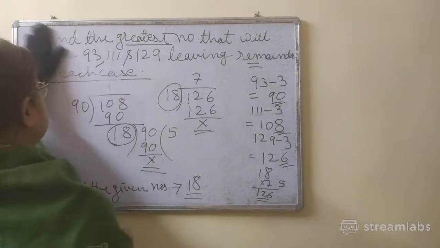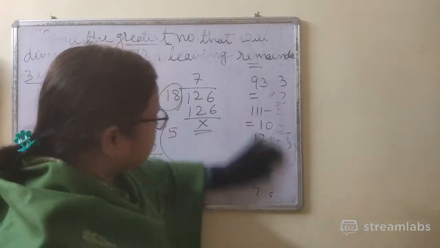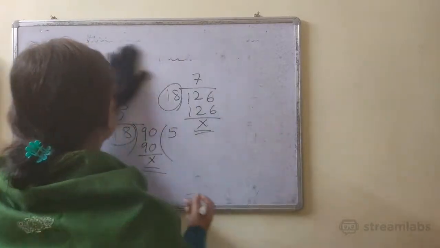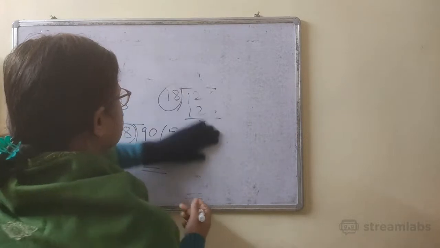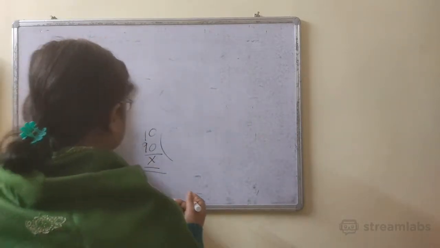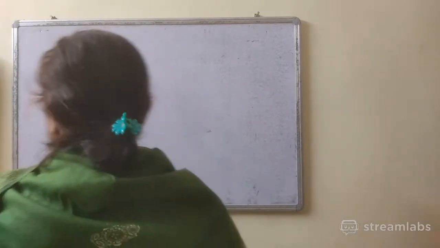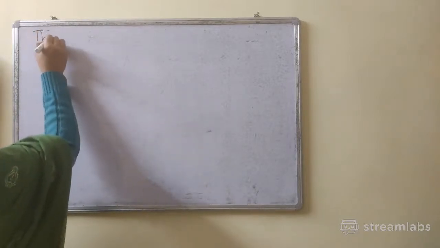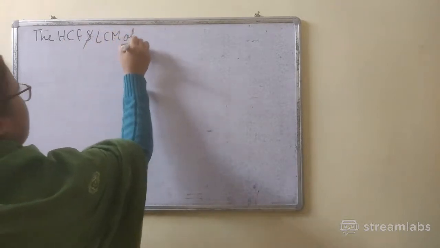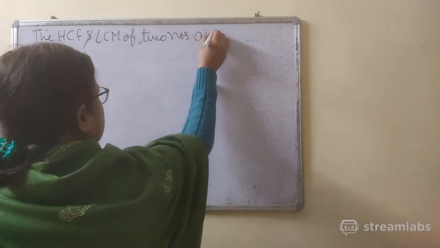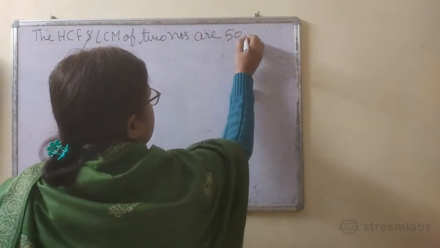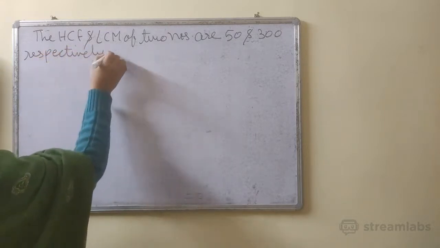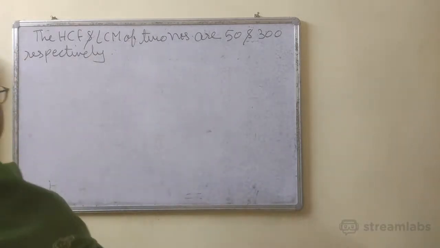Now let's do the next question. The HCF and LCM of two numbers are 50 and 300 respectively.